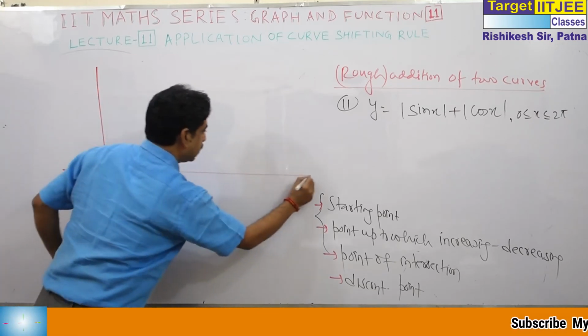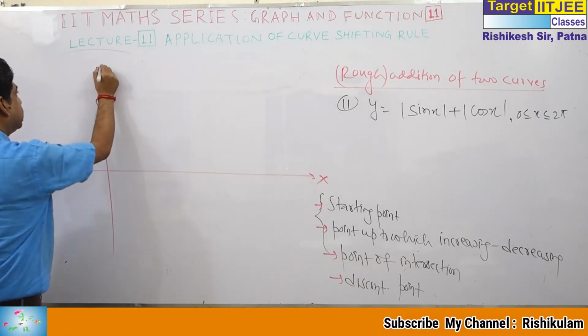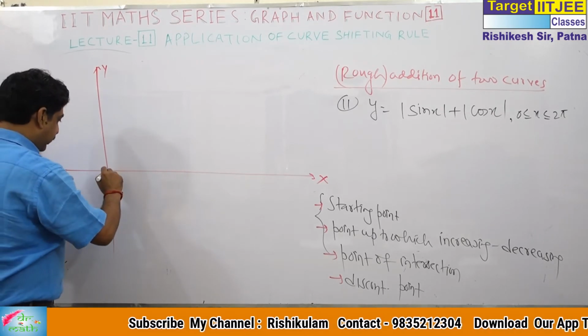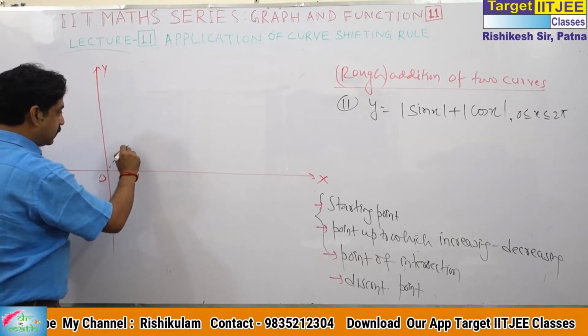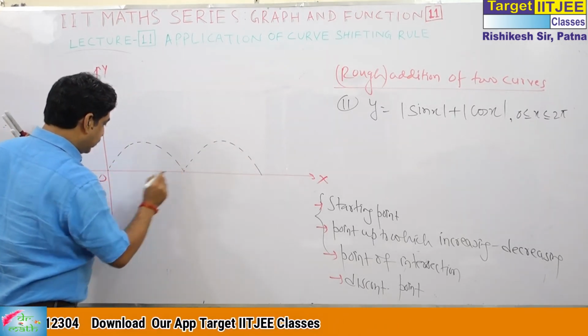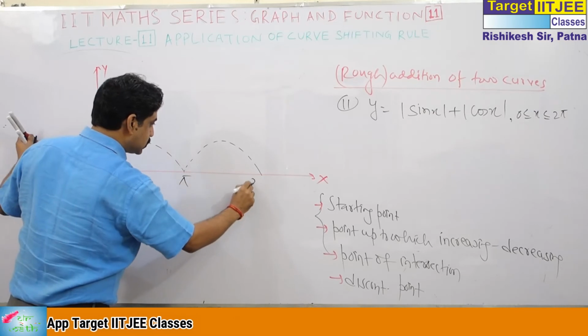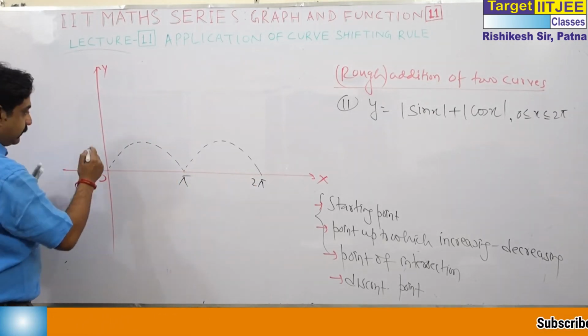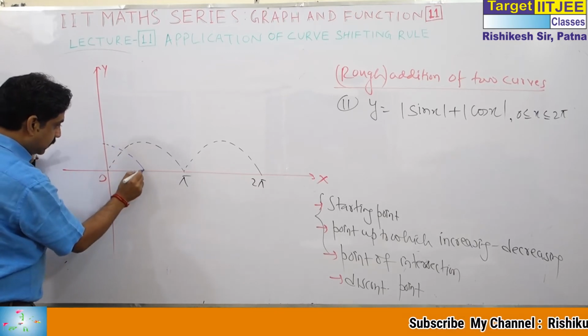Suppose this is the x-axis, y-axis, origin. Make a dotted line graph of mod sin x like this. Now you are aware of this. This is 0, this is pi, this is 2 pi. What is mod cos x at 0? This is 1, so start from this.